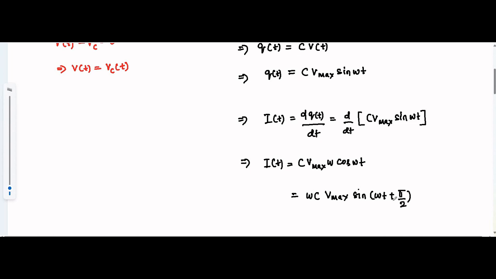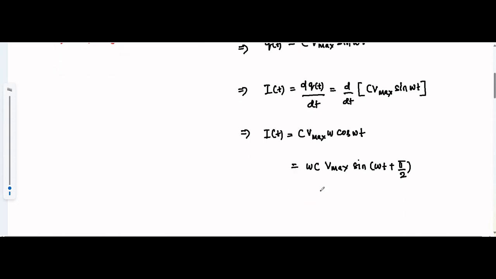We can write it in this way: sine of pi by 2 plus omega t is cos omega t. So this here is the expression of current. Pay attention carefully. I am writing it here as i(t) is equal to Vmax by 1 by omega C, sine omega t plus pi by 2.